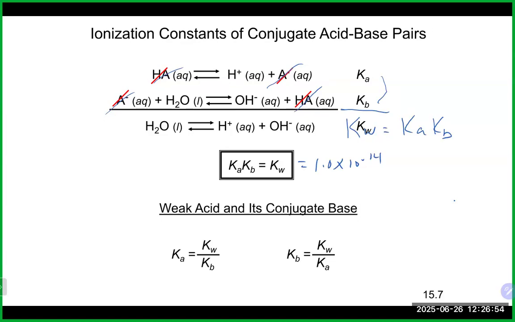Good question. The one that you need to use depends on the equation that you write. If you write the equation correctly and you see H+ or H3O+ on the product side, you should be using a Ka value, regardless of what's given to you in the problem.